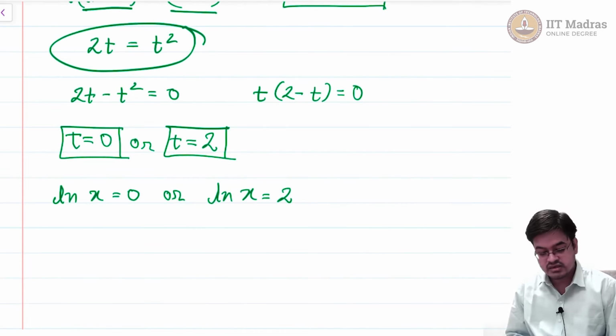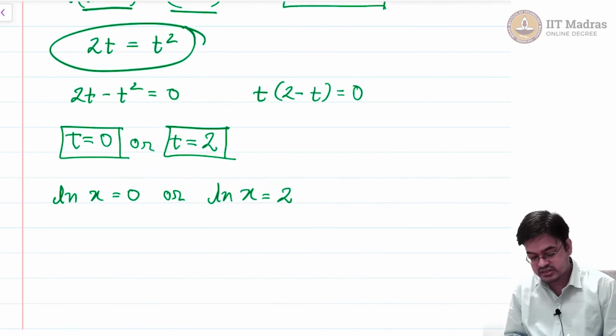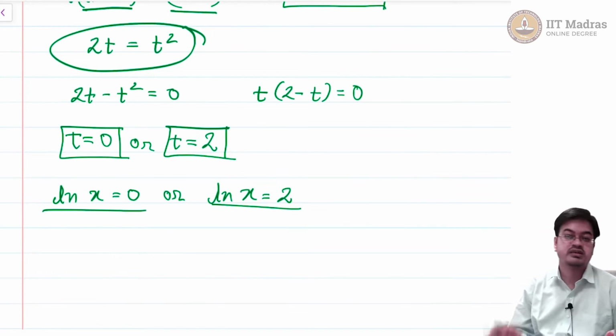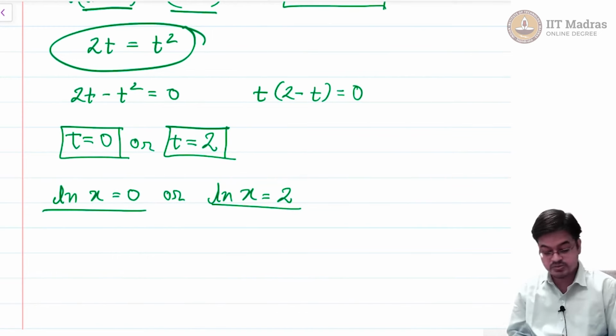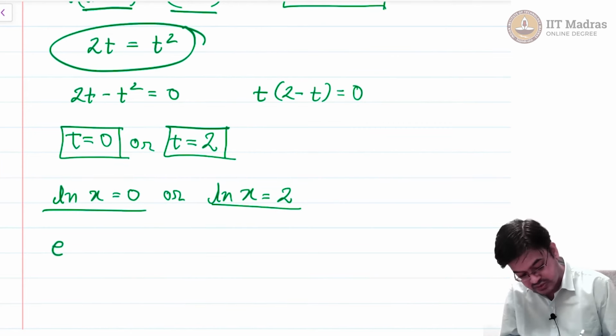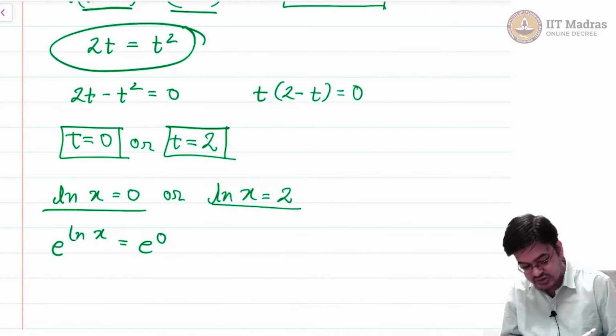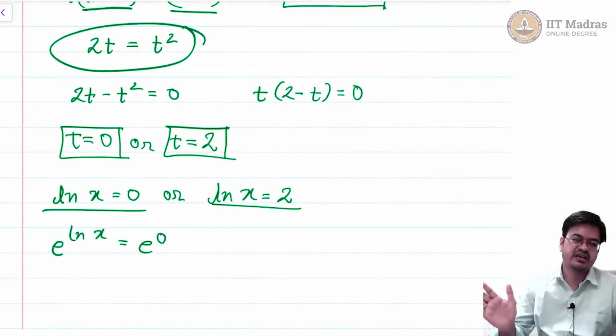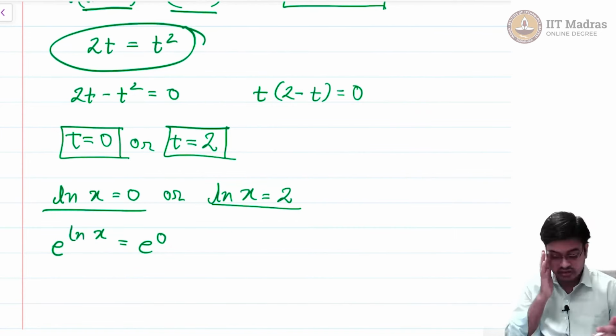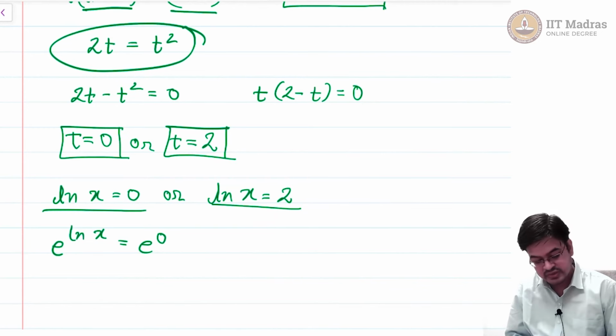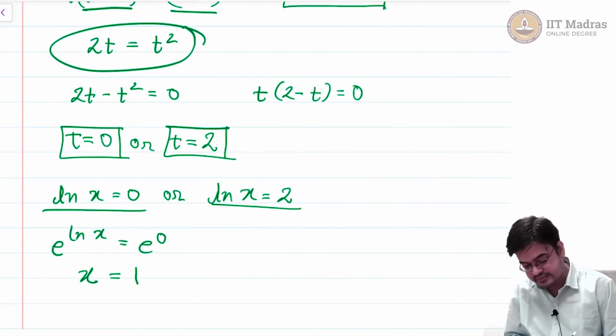And then in both cases you have a natural log, isn't it? So I can exponentiate this particular function. So e raised to ln of x is equal to e raised to 0. You already know a logarithmic function has a point where it passes through 0, and e raised to ln of x will be x itself, e raised to 0 will be 1.